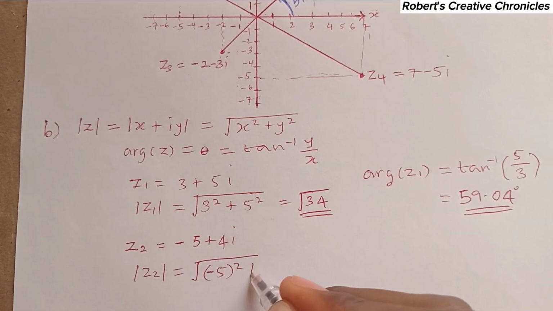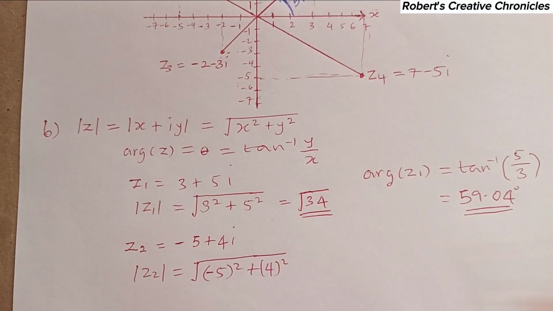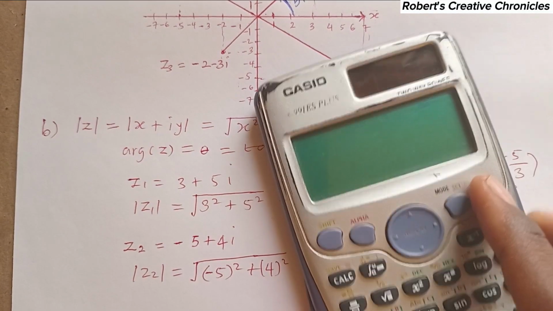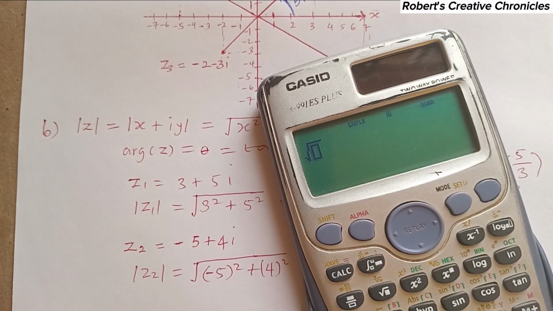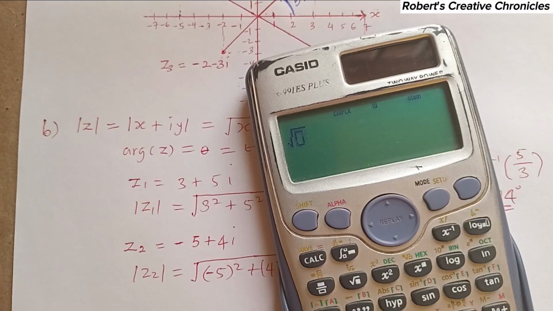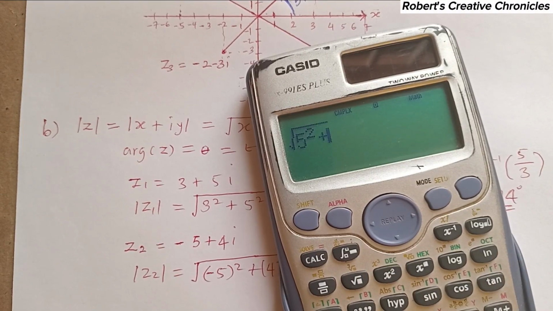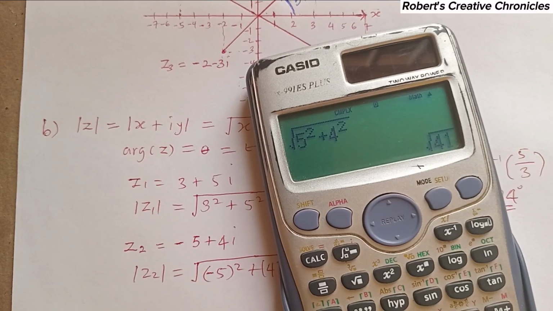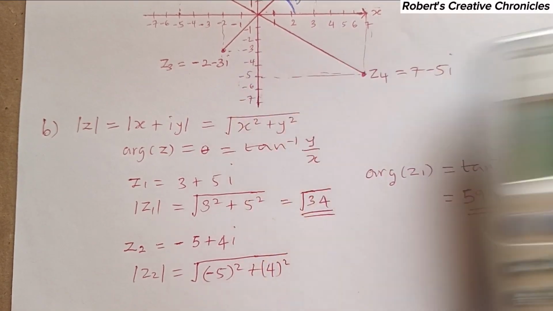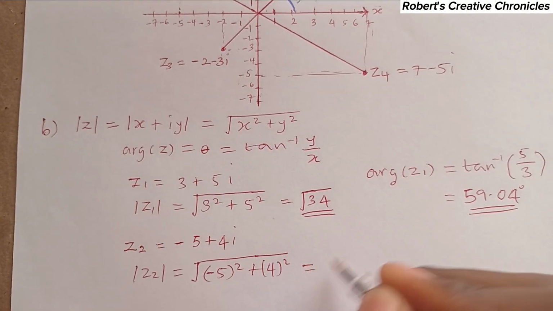Minus 5 squared plus 4 squared. Minus squared is plus, so there's no need to put the minus in the calculator. So it's root of 41. That's the modulus of z2.